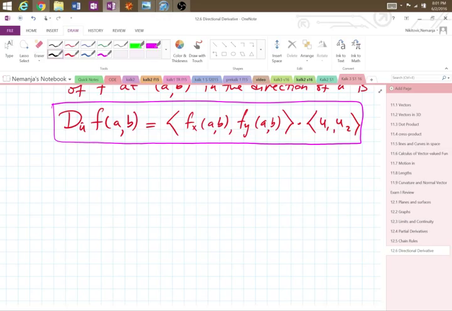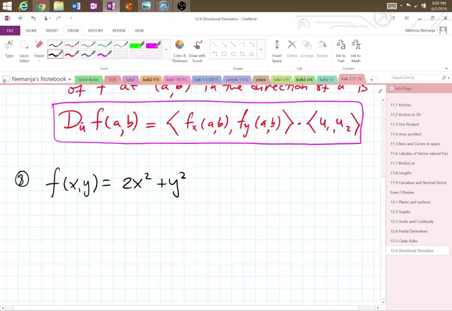All right, let's pick an example. Here is your example, example 8. Your function f of x, y is given as 2x squared plus y squared.